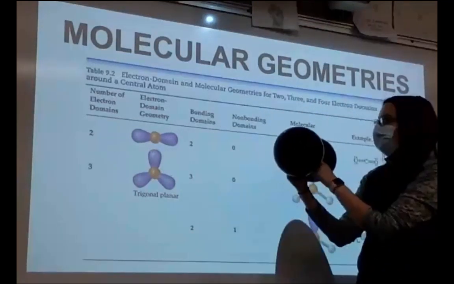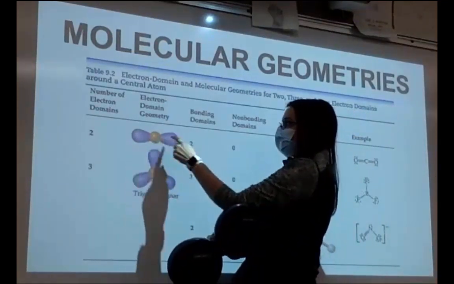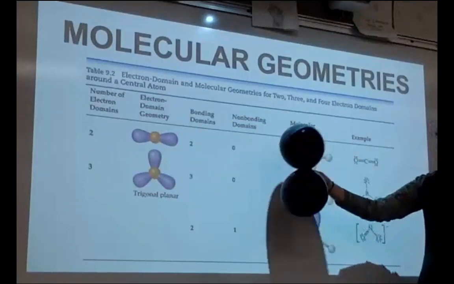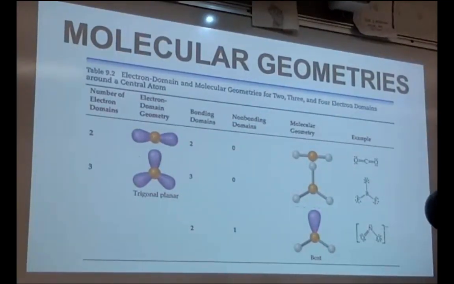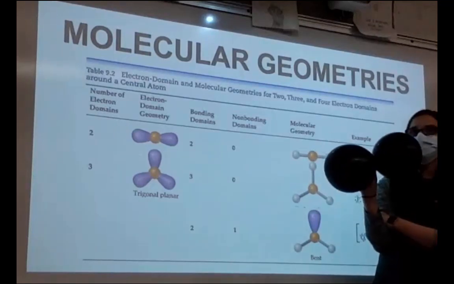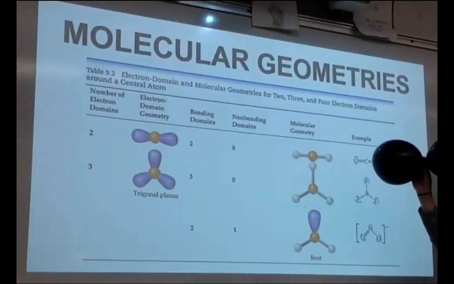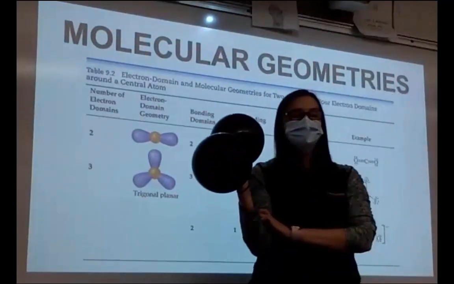If I have a central atom and there are 2 atoms bonded, 0 lone pairs, that results in the linear molecular geometry. Right? This is linear. Linear results in a 180-degree bond angle. So there was a question, do we have to know the shapes?